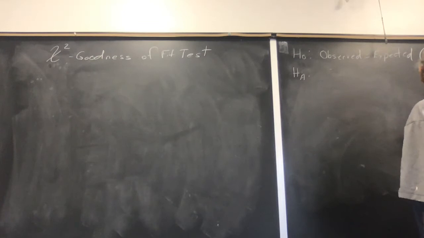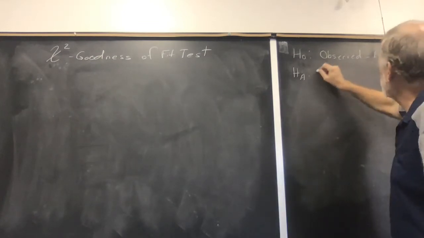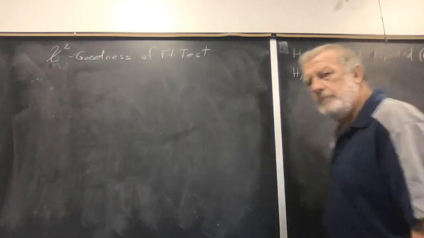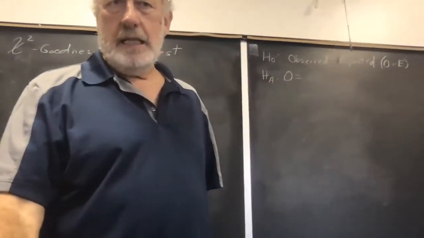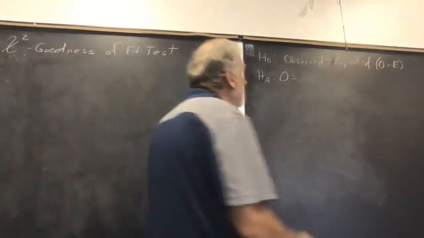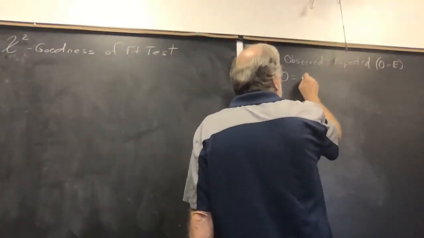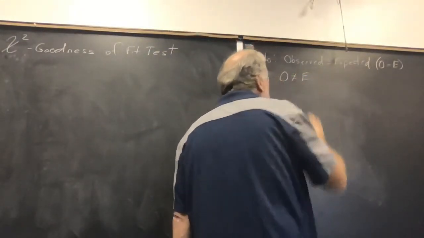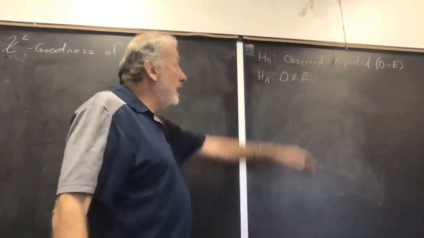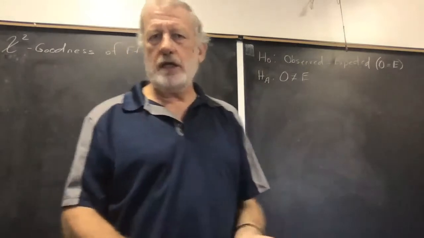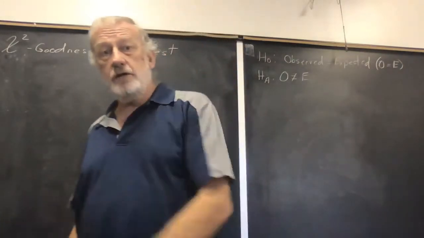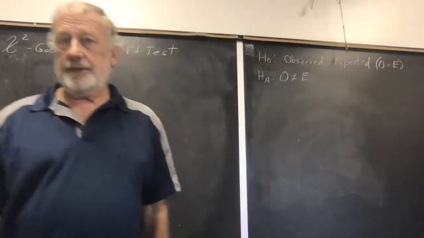Normally we write it as just O equals E. And the alternate hypothesis is the reverse of that, and that just states that O does not equal E. And the results of our test are always framed in the null hypothesis. We say we reject the null hypothesis, or we fail to reject the null hypothesis.